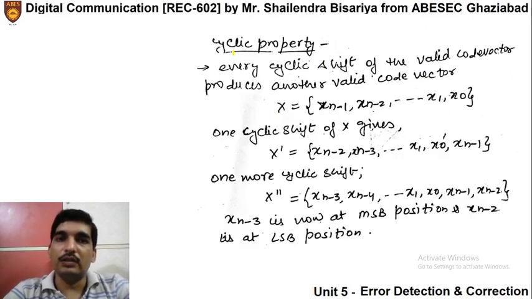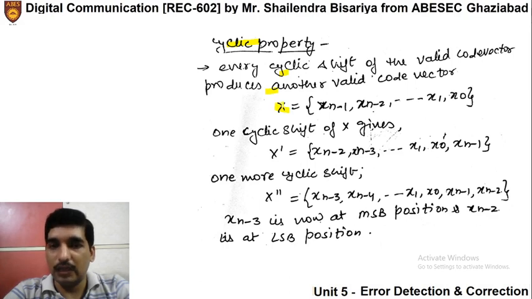First of all, for cyclic property, let us say what the x vector is. Every cyclic shift of the valid code vector produces another valid code vector. Initially, let us say that the vector is xn minus 1, xn minus 2, up to x1, x0.